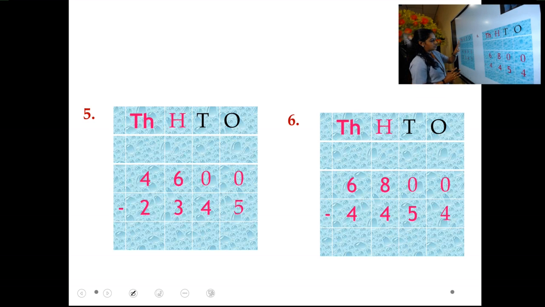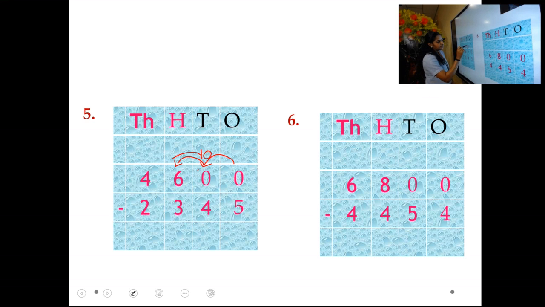Which place? Ones place. So here the top number is 0, which is smaller than the bottom number 5. Subtraction not possible, so you have to borrow from here. When we look here, this is also 0. We can't borrow, so you have to borrow from here. So 6 gives 10 to this number.